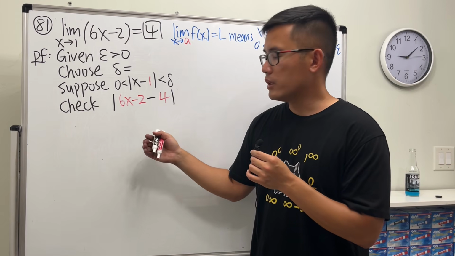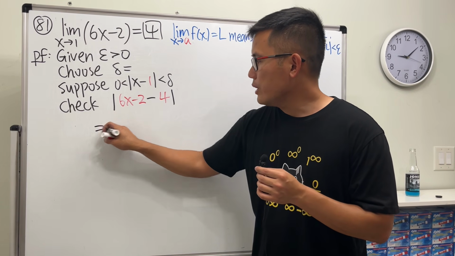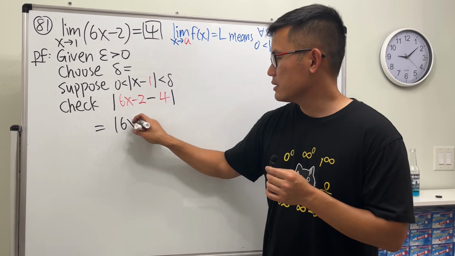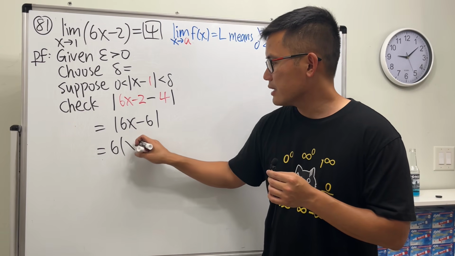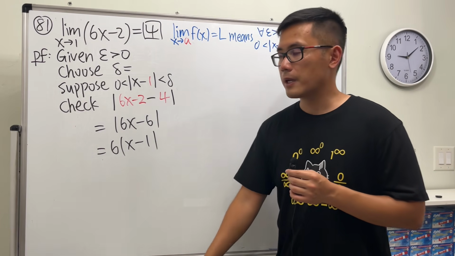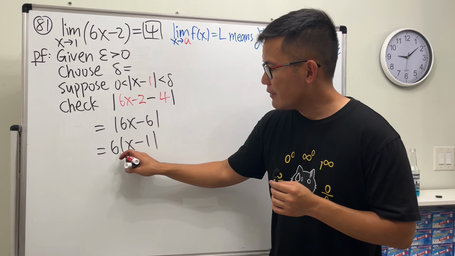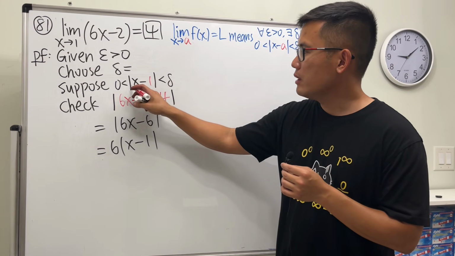Minus 2 minus 4 is minus 6. And we can also factor out the 6 on the outside. So perhaps I'll show you guys like this, 6x minus 6, and then factor out the 6. And then we get x minus 1. Okay? And this is great because you see how we have the x minus 1 in the absolute value. We know that right here, we have this.